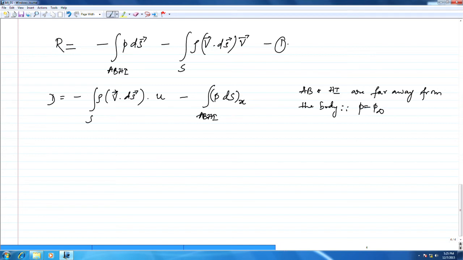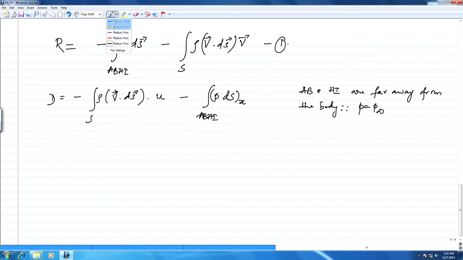So, if you need to convince yourself, consult a standard book. As long as P is a constant, this integral is going to reduce to 0. It is going to integrate to 0 as long as P is a constant, and in this case it is.